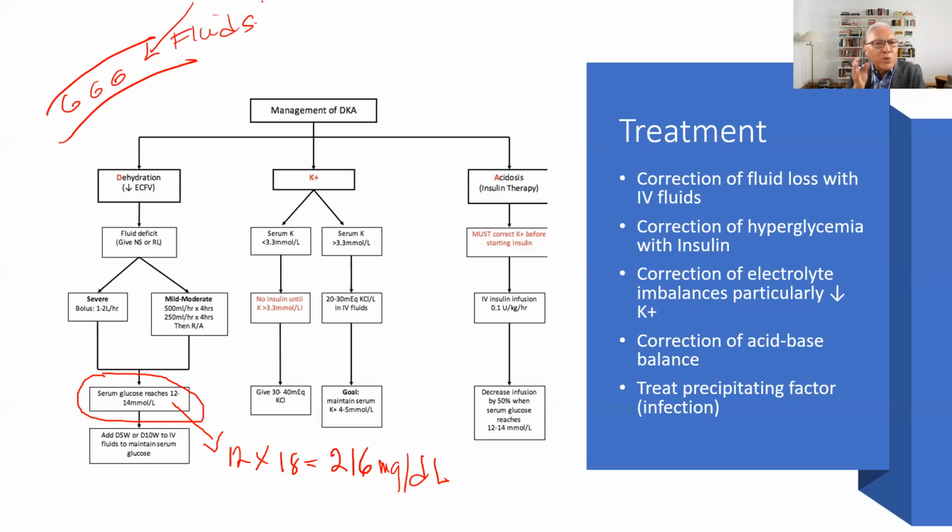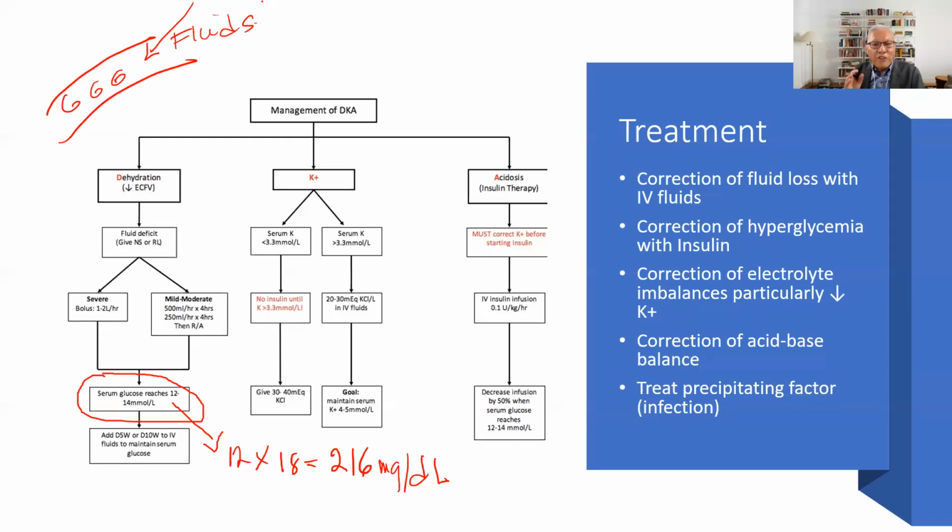And that's the reason why, my friends, you are not going to treat DKA with insulin first. Let me repeat that. In DKA, we never treat it with insulin first. We always treat it with fluids for several reasons.